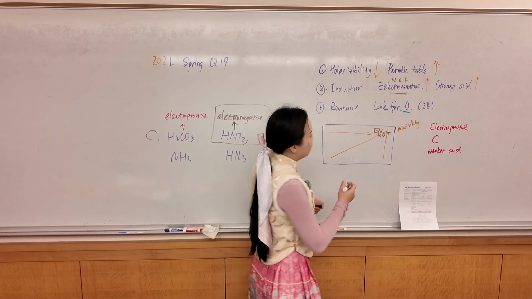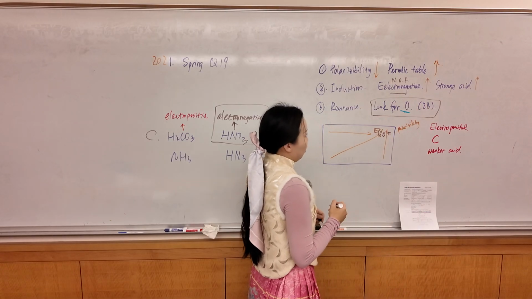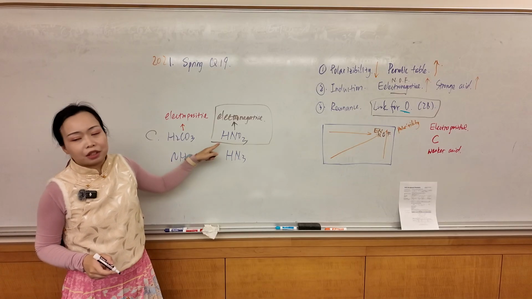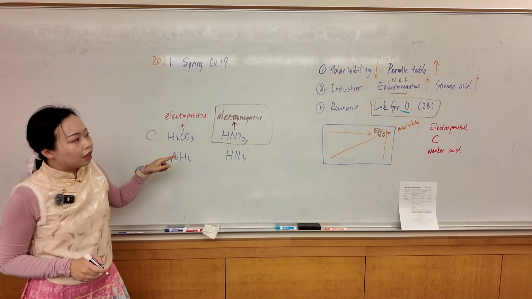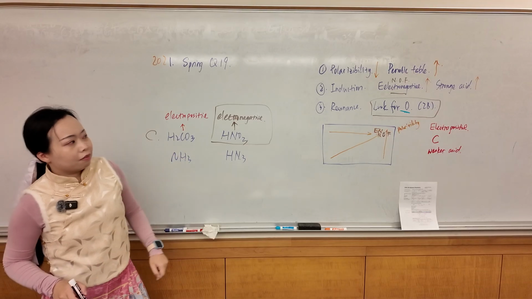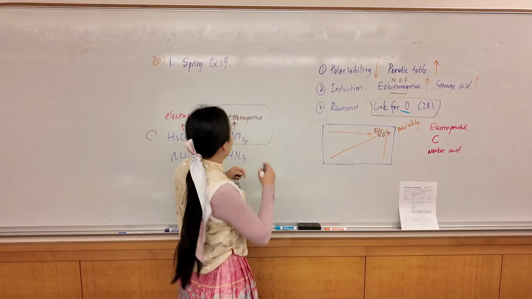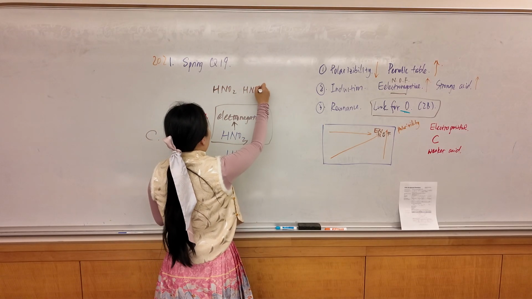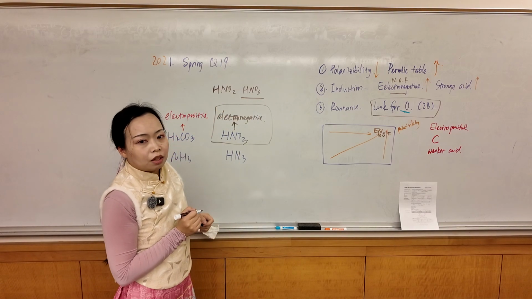So that's why I say look for oxygen, it's something you haven't learned. My exam will give you something that's good to compare. I probably will give you this, so you don't have to worry about how many oxygens you have. Or this way, if everything else is the same, like if you are comparing these two, then use resonance because everything else is the same.